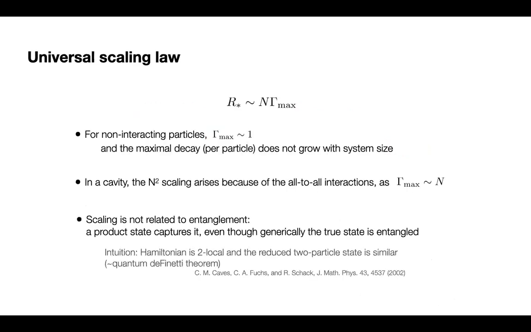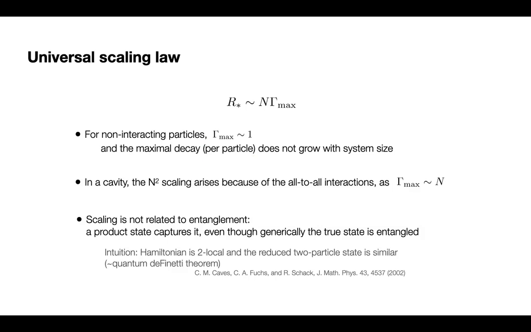So maybe following with this question, we can do a sanity check with this scaling law. If we have non-interacting particles, the largest decay rate is one of the diagonals, which doesn't scale with n, so it's of order 1. So the largest decay rate possible scales with n. Now we go to the case of the cavity, and then we get n squared for the reasons I just gave.